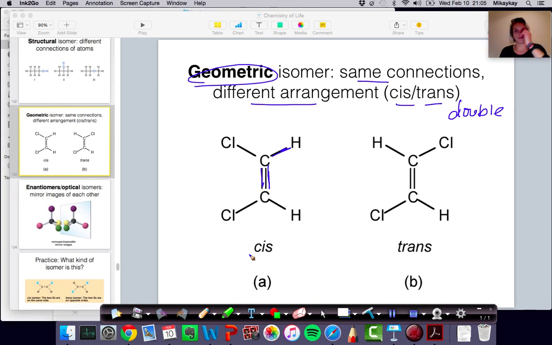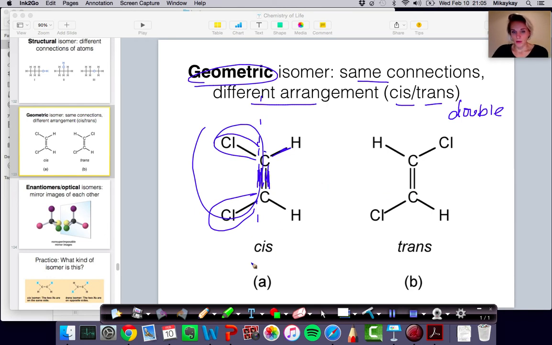The molecule is flat, and so it can have the different things that are connected to it oriented in a different way, right? So when you have your double bond, let's say we're talking about chlorine here, it can have those chlorines on the same side, right? If we look at our molecule here, those chlorines are on the same side of this molecule, and so we call that cis for same.